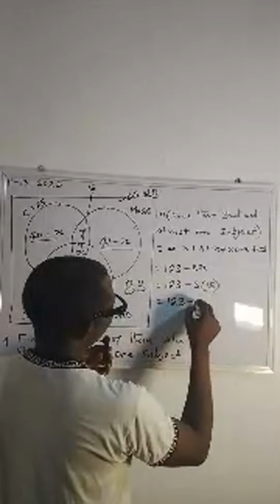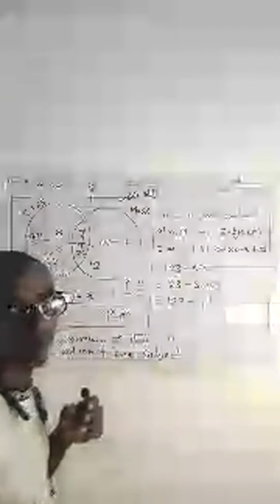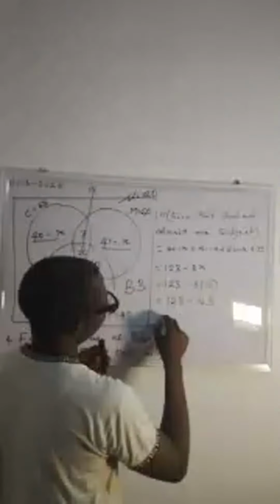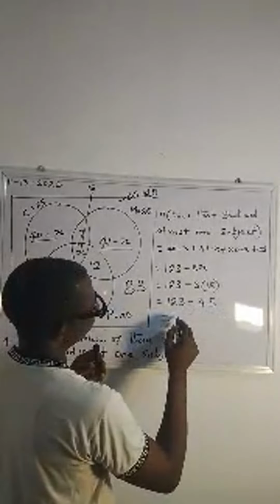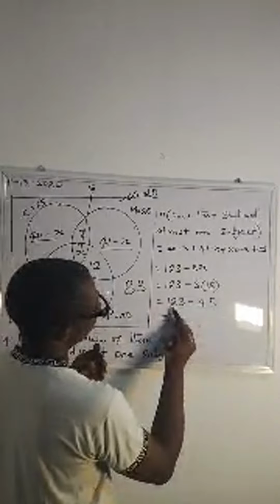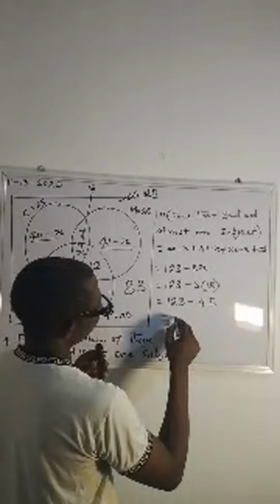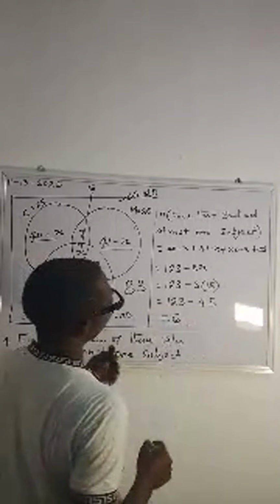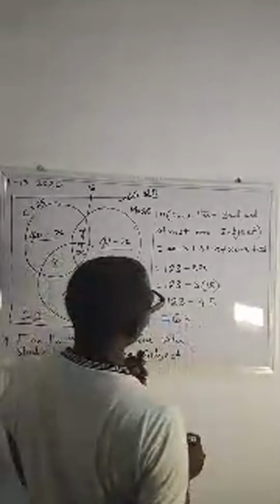So this is going to be 123 minus 45. So when you subtract 45 from this, what do you have? Is that 65 or 68?